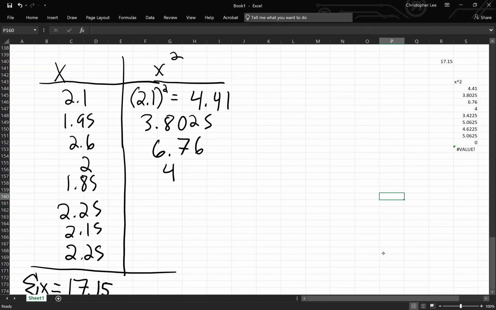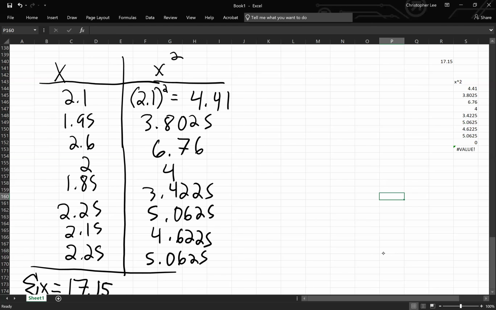4 flat, 3.4225, 5.0625, 4.6225, and then 5.0625. So it should only be four numbers after the decimal.